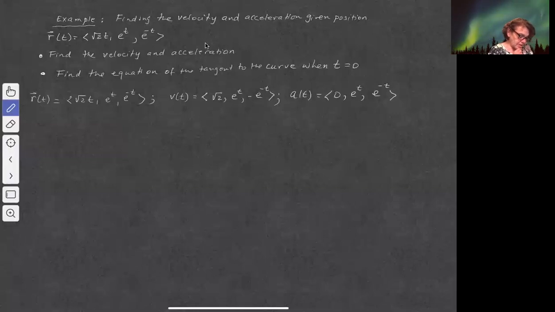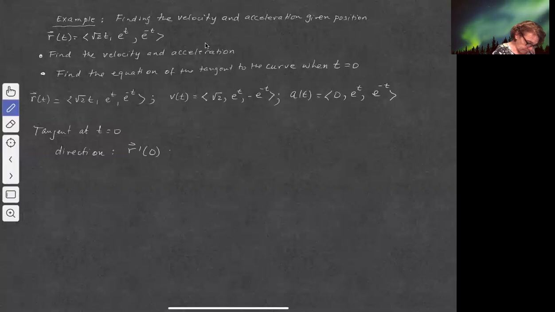And now we want to find the equation of the tangent to the curve when t is equal to 0. So what do we need to know? The direction of the tangent at t equal to 0 is going to be in the direction of the vector r prime, the velocity vector, at 0.